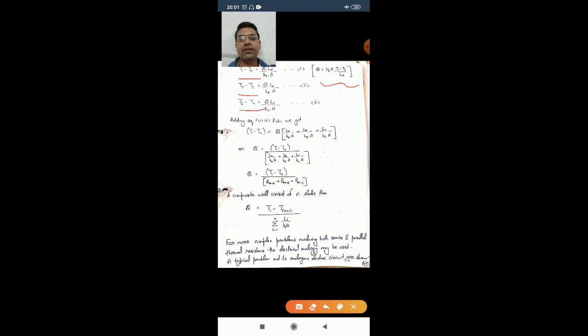You can see that it is just a rearrangement of terms. Now if I add all these three equations, then I will get the temperature difference from surface to surface, that is inner surface to the outer surface, in terms of R_TH, that is the thermal resistance.